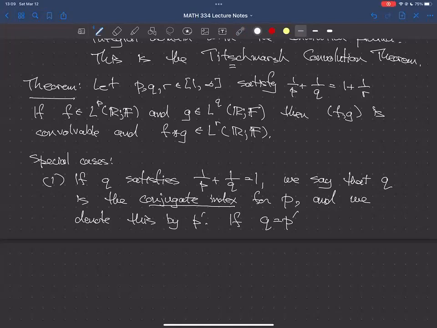But even more is true in that case. Then the convolution is in L infinity. That's what the theorem says, but more is true: f star g is actually continuous and in L infinity, which is the same thing as saying that it's in C0 bounded.